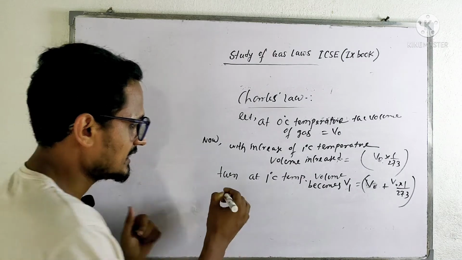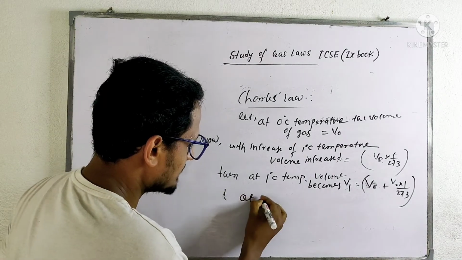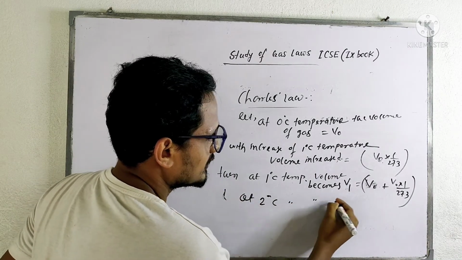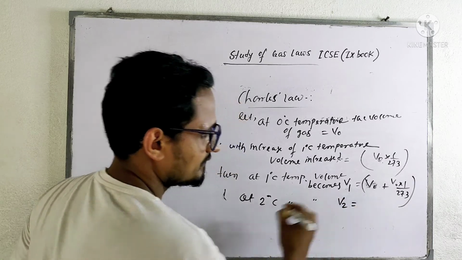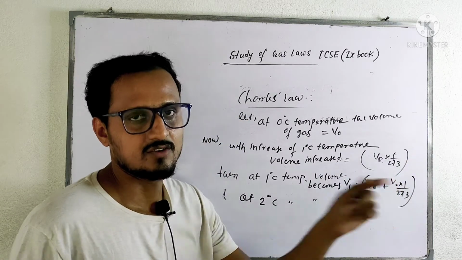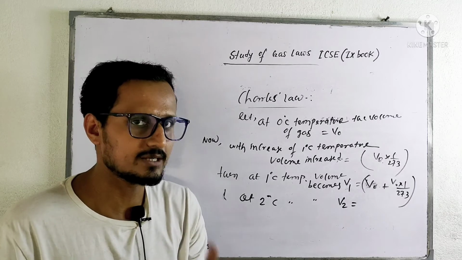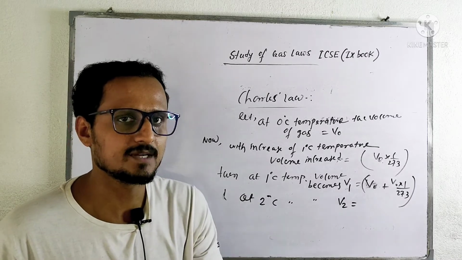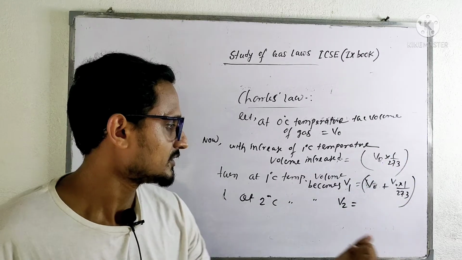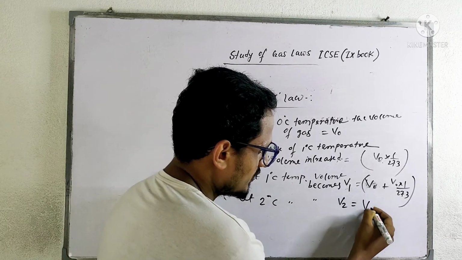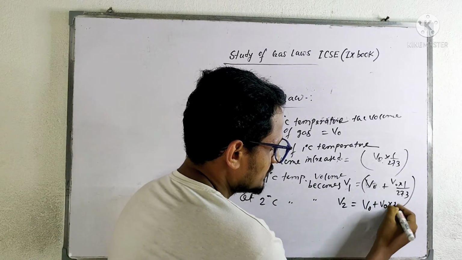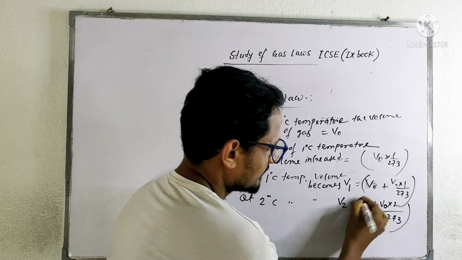Again, in the same way, at 2 degree centigrade temperature, the volume becomes V2. For 1 degree centigrade temperature, it increased by 1 by 273. By 2 degree centigrade temperature, it will increase by 2 by 273. So V2 equals V0 plus V0 into 2 by 273.